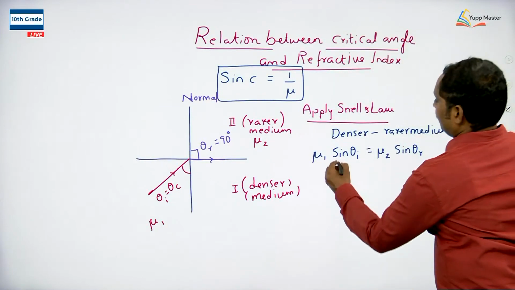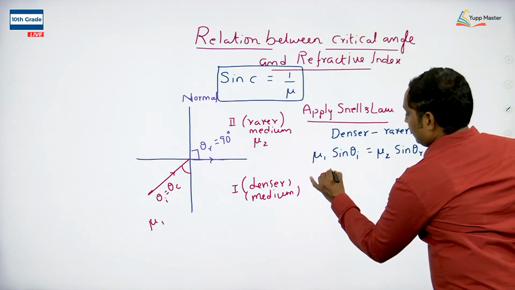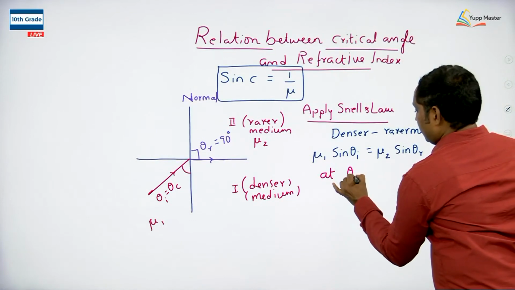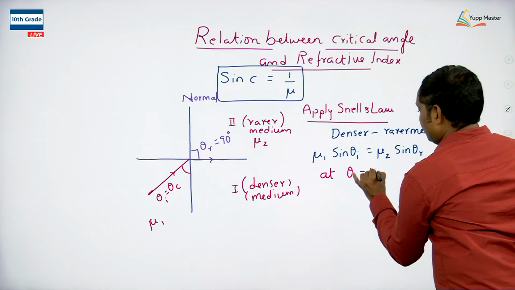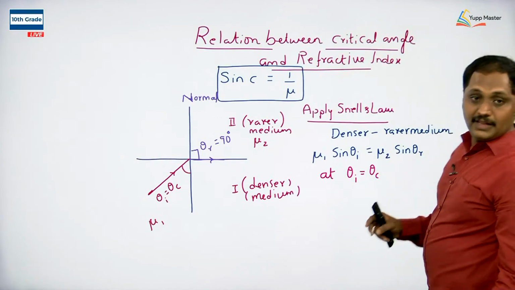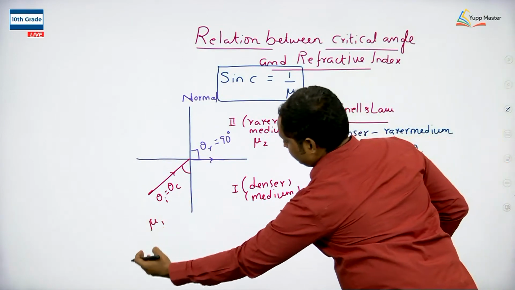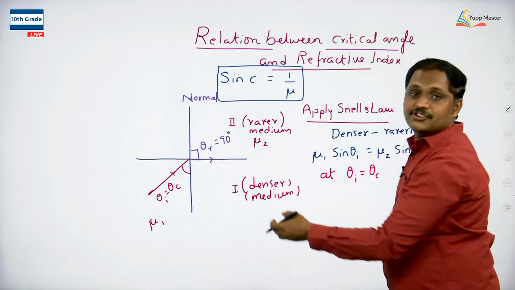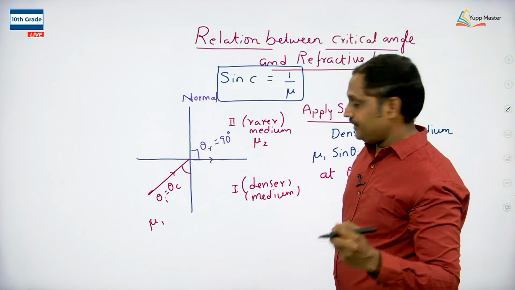Now, at theta i is equal to theta c, at the critical angle, the angle of refraction becomes 90 degrees.